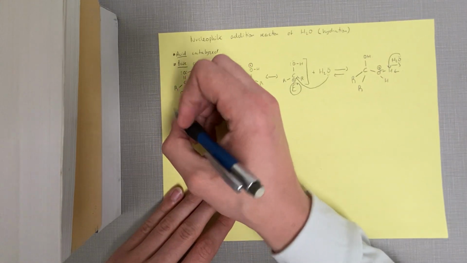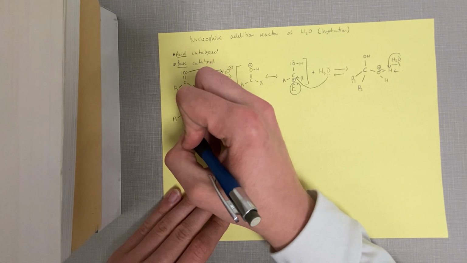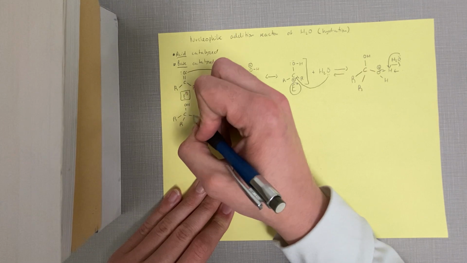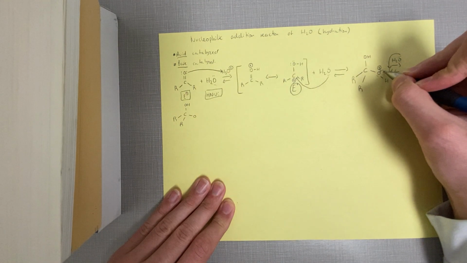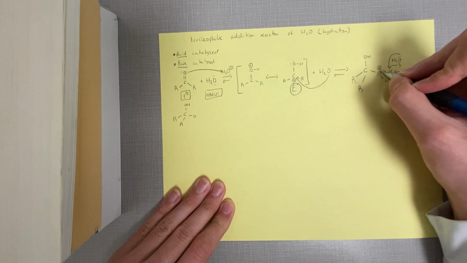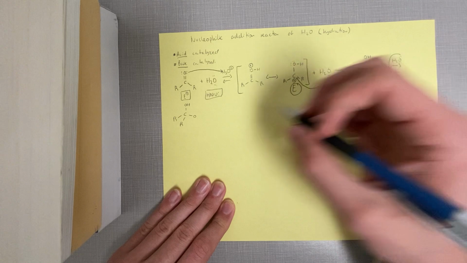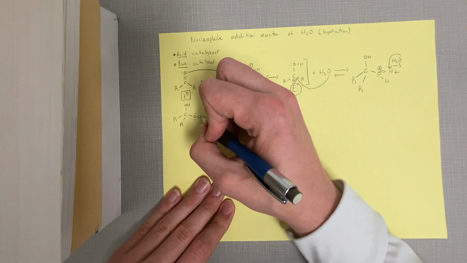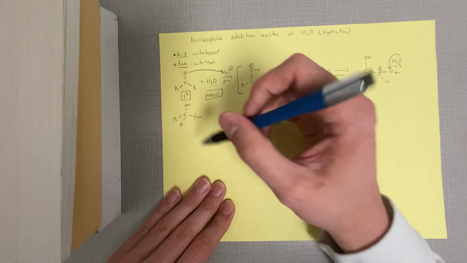So we start again at the bottom. If we follow the arrow pushing, now we brought this bond here as a lone pair. So now our oxygen is back with a neutral charge.